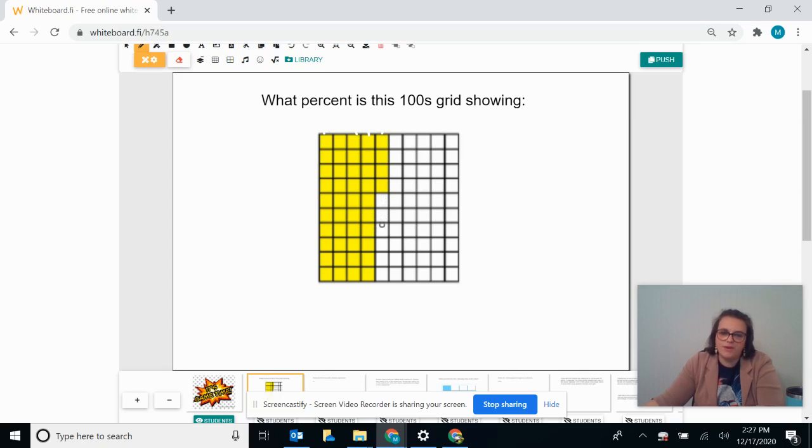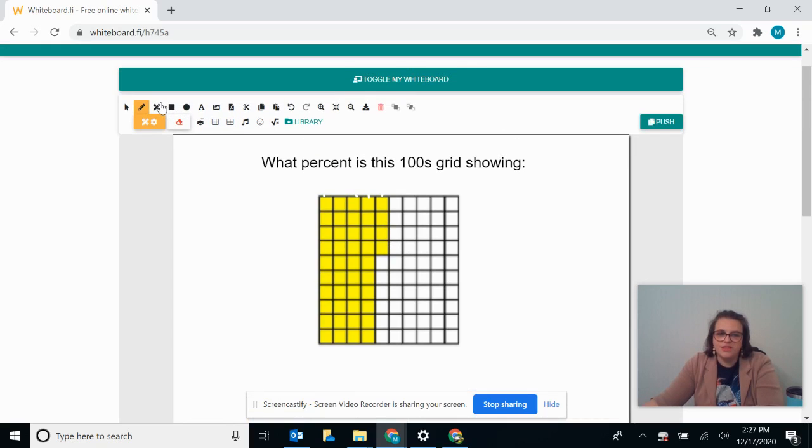Oh, I can't count all the way to 50 because this one isn't shaded in all the way. So it's 10, 20, 30, 40, and then 41, 42, 43, 44. So the answer for this one would be 44%.